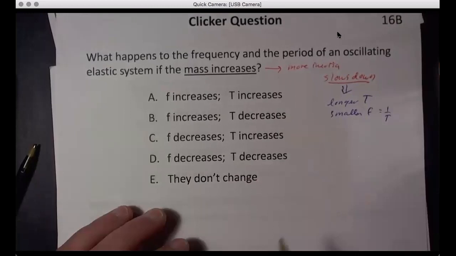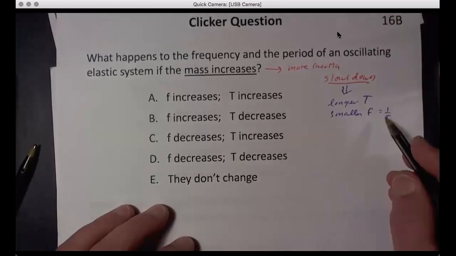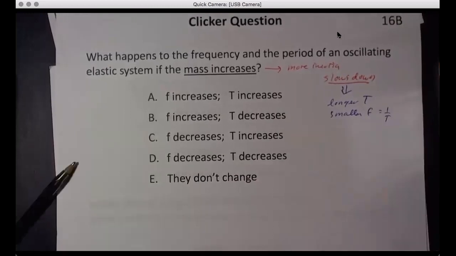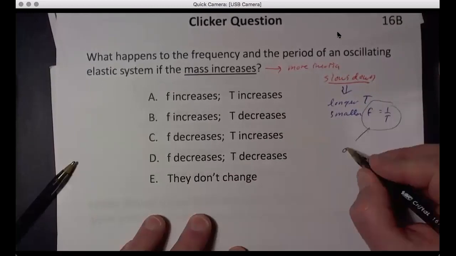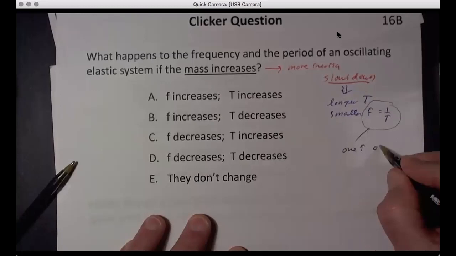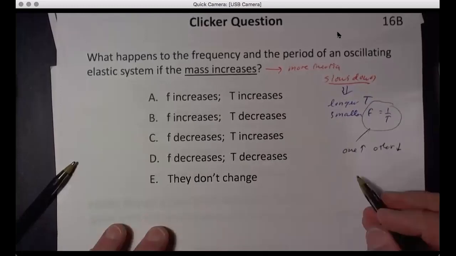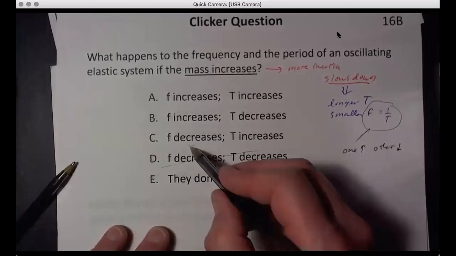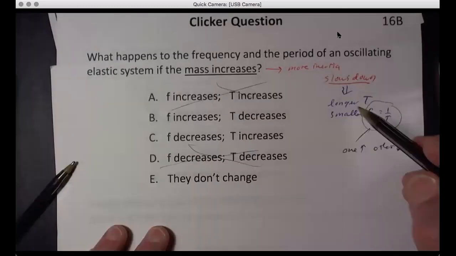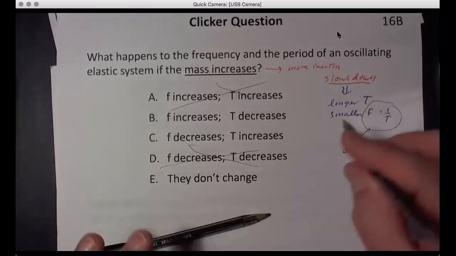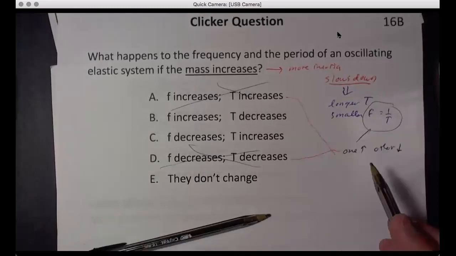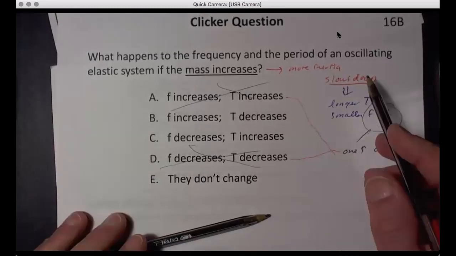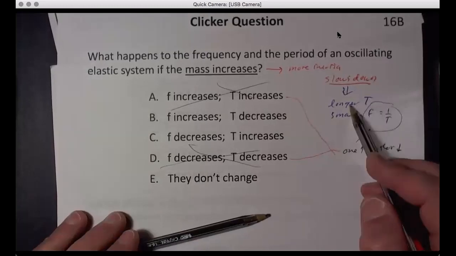And so it's clear from this relation here that if one goes up, the other has to go down. And so you can cross out both of those because they can't go the same way. They're inversely related. And our thing is it slows down, longer T, so T increases, f decreases.